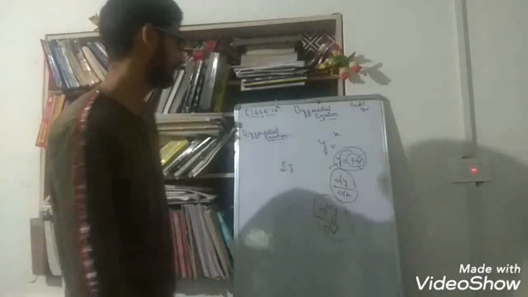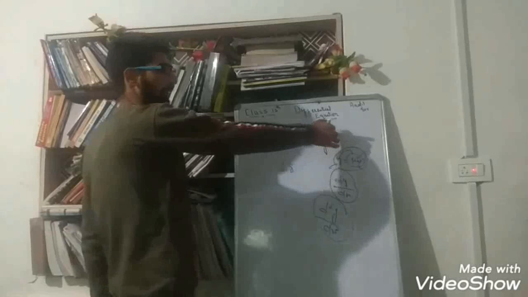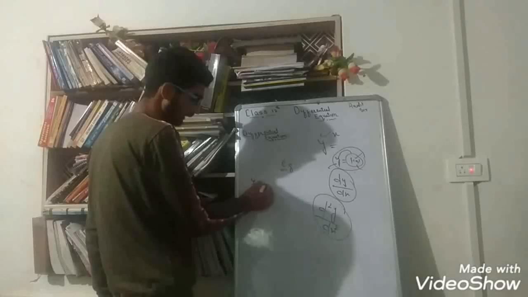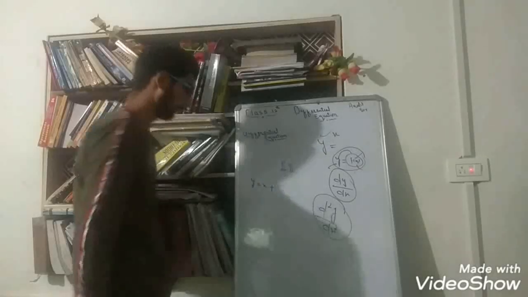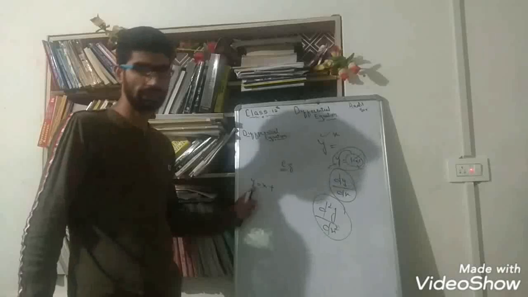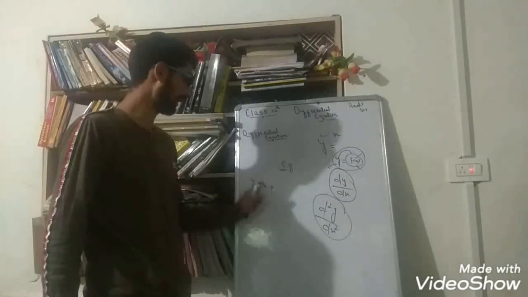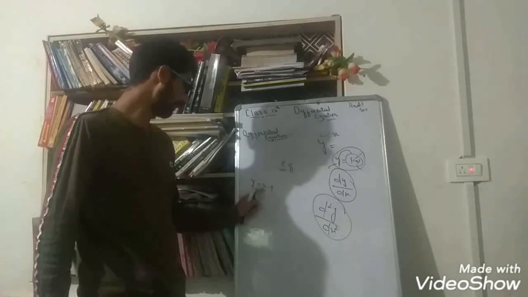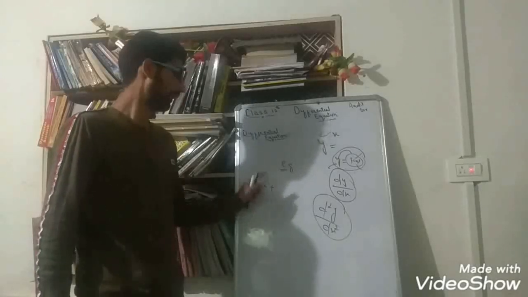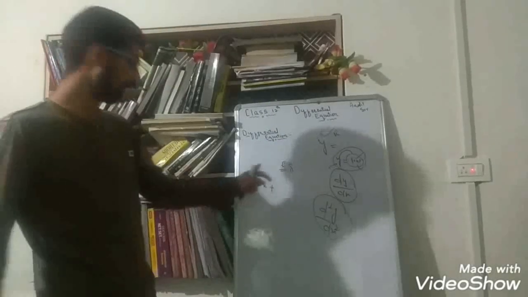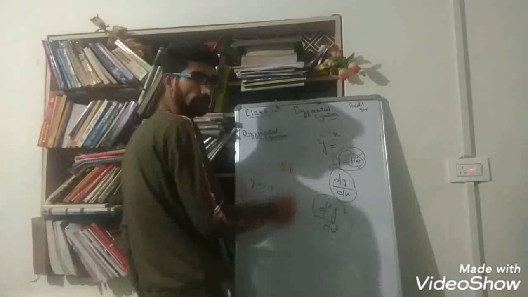Now if we have an equation that contains these two variables, for example y equals x plus something, this is an equation because it has an equality sign, and it contains the dependent variable and the independent variable. Also, this equation may have the derivative of the dependent variable with respect to the independent variable.